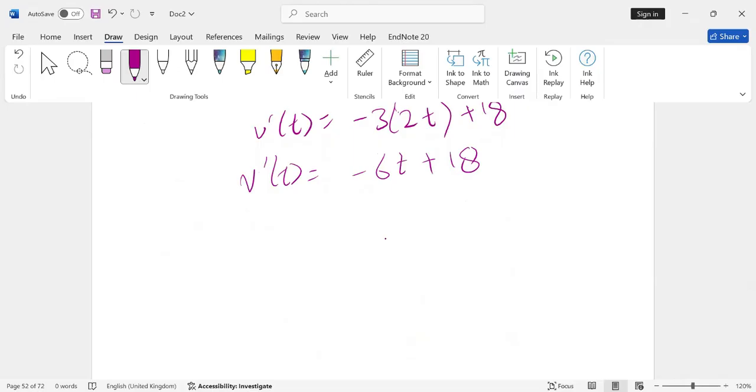So set the acceleration equal to 0 to find the time of maximum speed.